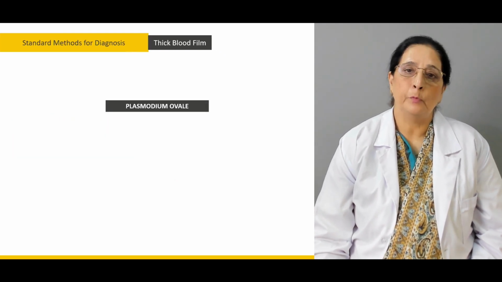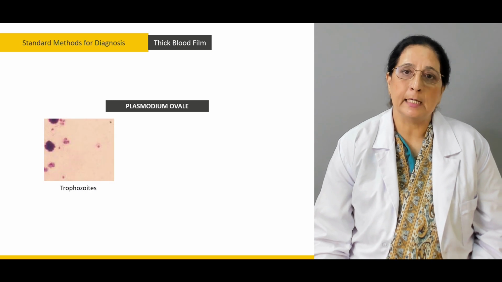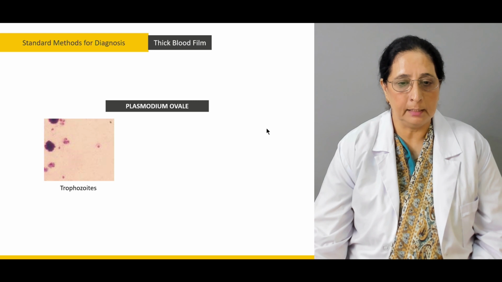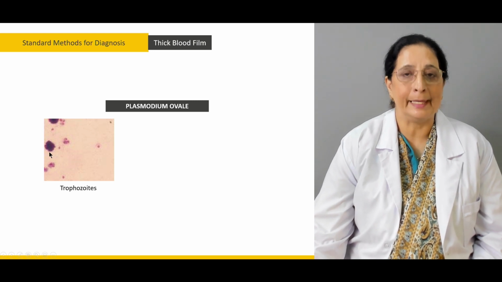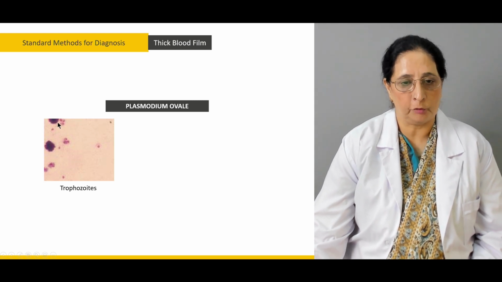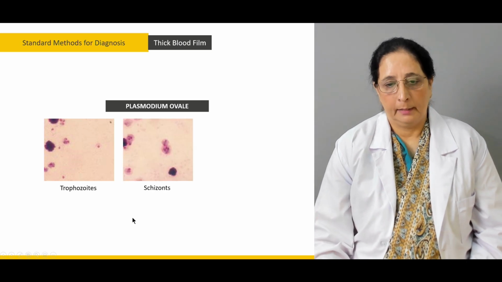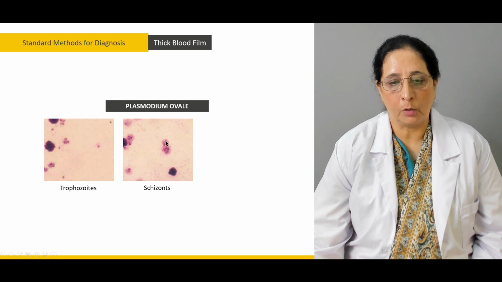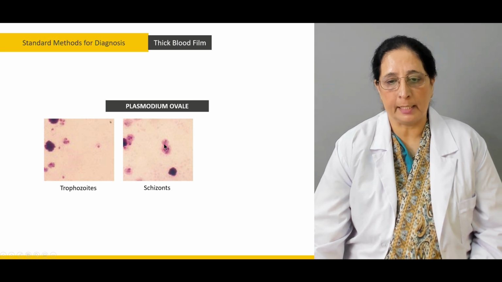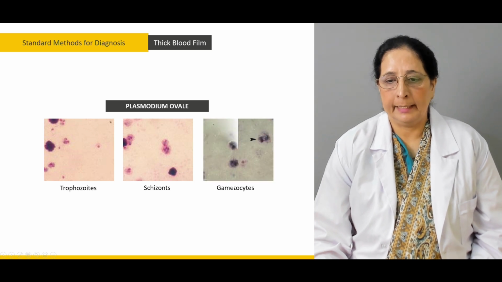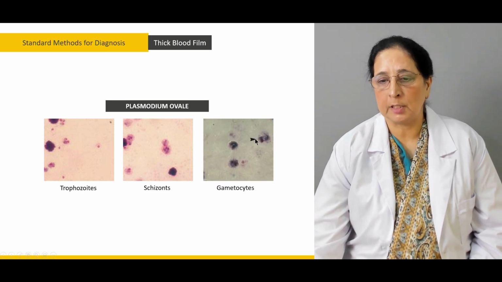Then the plasmodium ovale, which is another plasmodium causing malaria. These are the trophozoites in the thick blood film. Then the schizonts, these are the schizonts. And again the gametocytes.